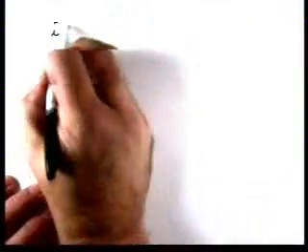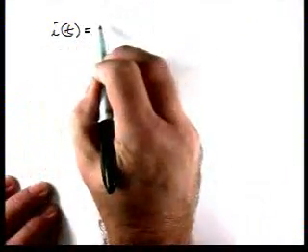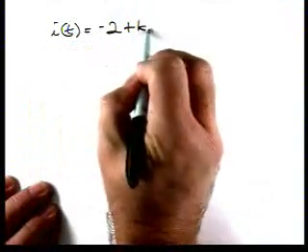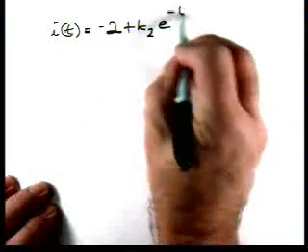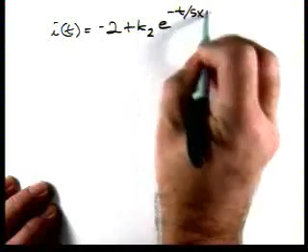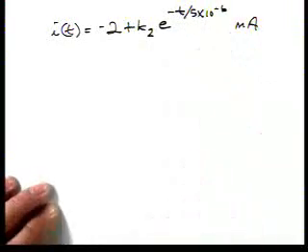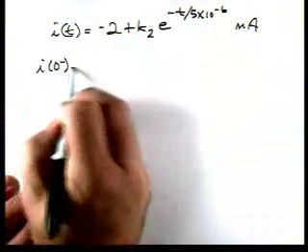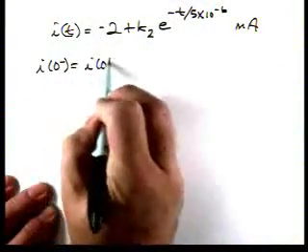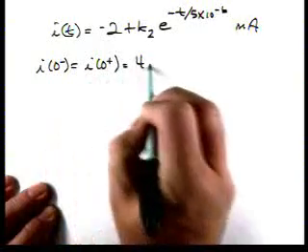Now, we're still not quite home. We know that i(t) is minus 2 plus K2 e to the minus t divided by 5 times 10 to the minus 6 milliamps. And we use our initial condition now. i(0 minus) equals i(0 plus) is equal to 4 milliamps.